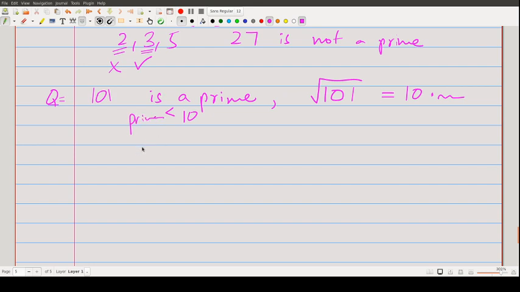Now let's check: is it divisible by 2? No. Is it divisible by 3? No. Is it divisible by 5? Doesn't look like it. Is it divisible by 7? Also doesn't look like it. And so 101 is a prime. So all you need to do is check primes less than 10.